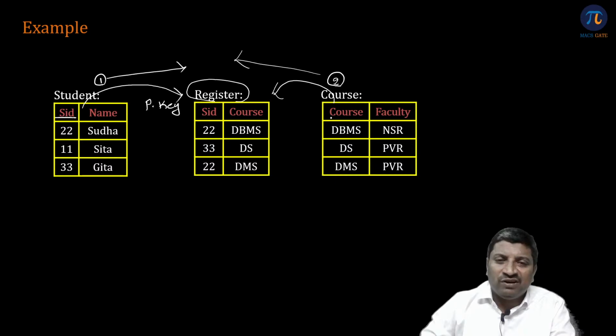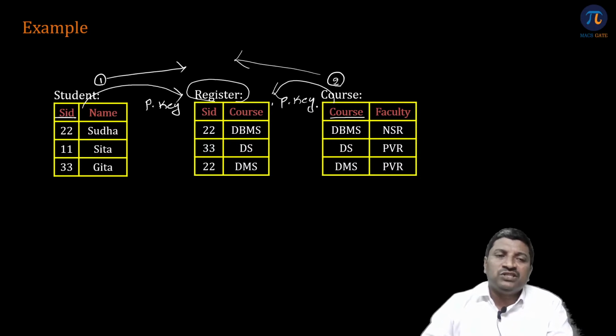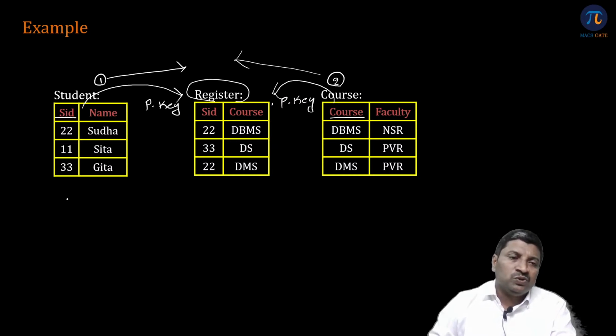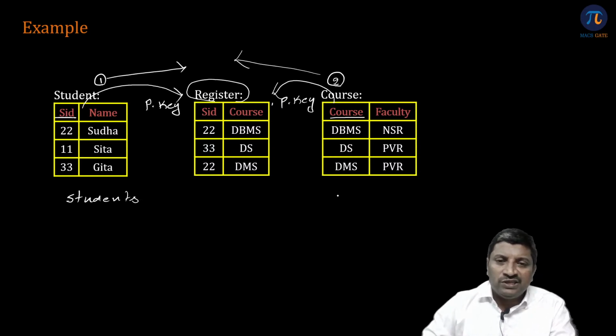For the second one, let us assume the course name is the primary key. So we brought those together to form a relation. This is the story. This is the set of all student details. This is the set of all courses.